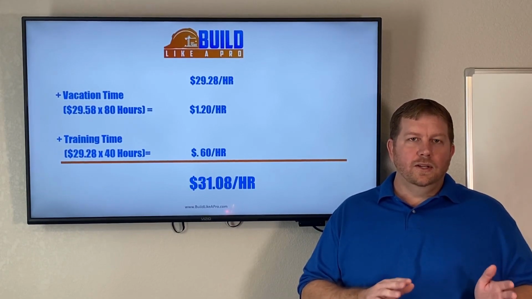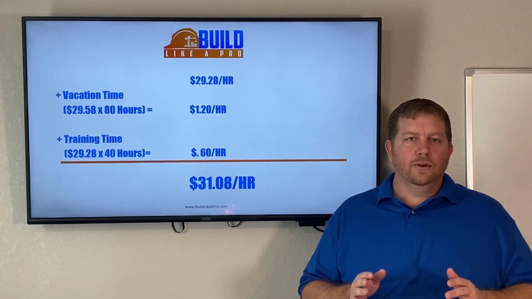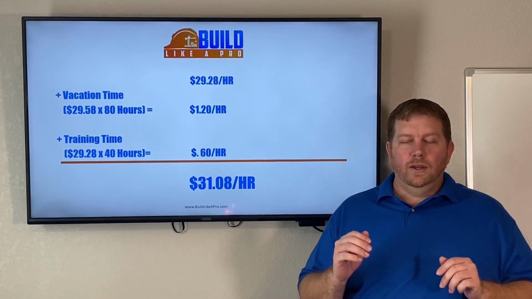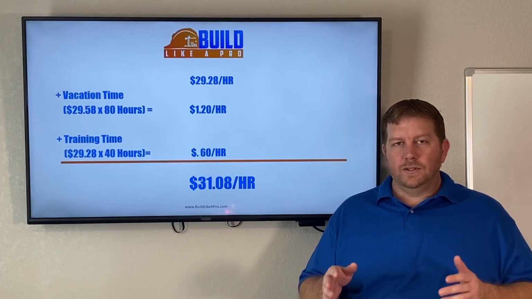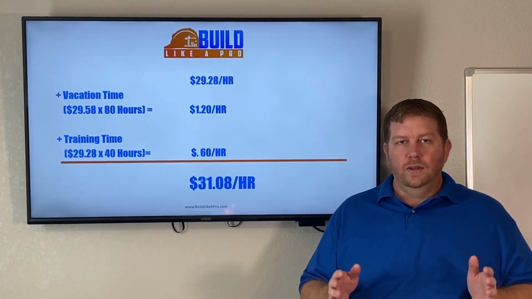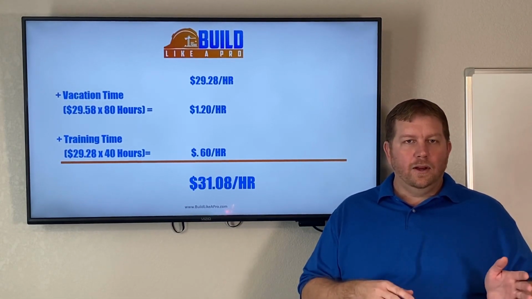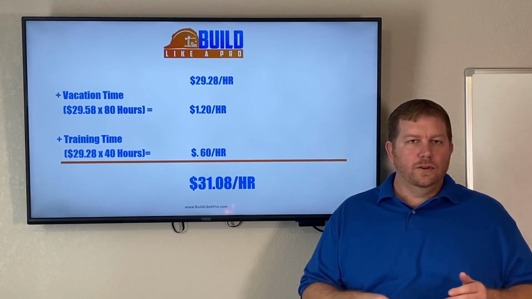So we're going to take that $29.28 an hour, multiply it by 80 hours for a year, because that's 2 weeks of vacation time, right? Again, divide that by the total hours per year, just like we did in the last slide.